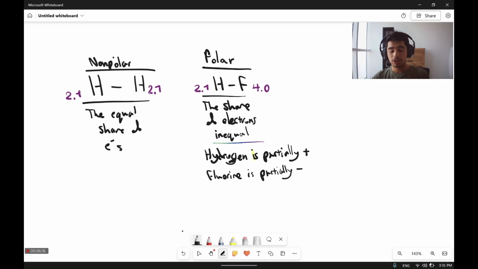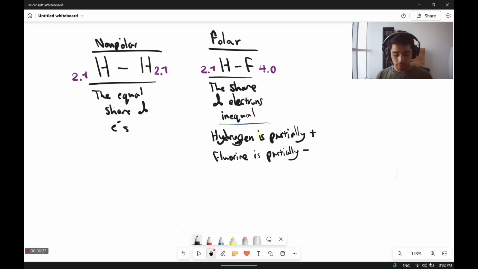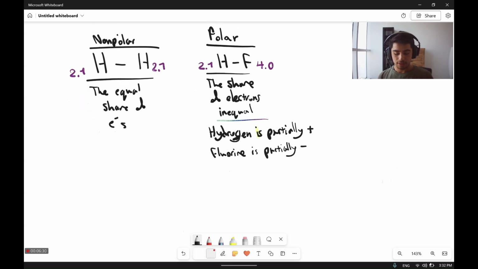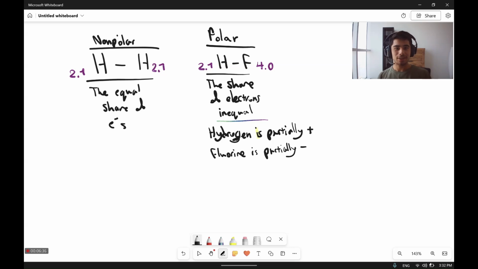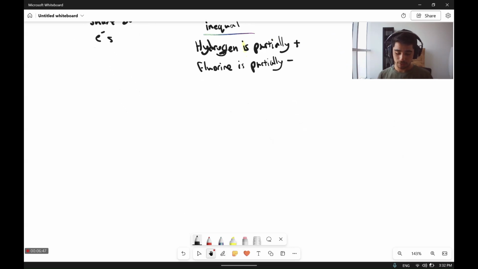That's why hydrogen becomes partially positive and fluorine becomes partially negative. And that's how you know that something is polar and something is nonpolar. All you need to know is the difference between their electronegativity. If the difference between their greed is too much, then they are polar. If it's not that much, it's nonpolar, or if it's none, it's nonpolar, and if it's a lot, then it's ionic.